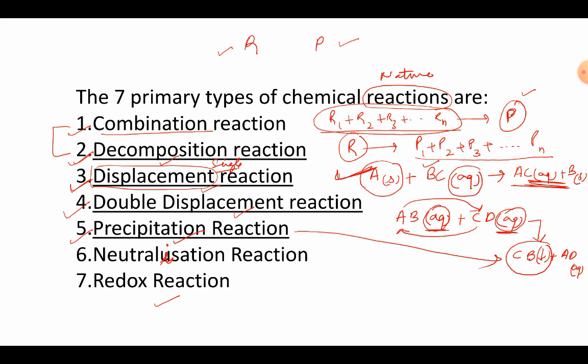But when the product is formed, one of the products is an insoluble mass. It is insoluble, right? And it will settle at the bottom, and this insoluble mass is called a precipitate. Hence this reaction, because of the product, is also called a precipitation reaction, right?